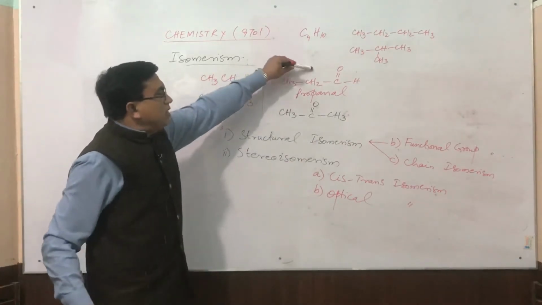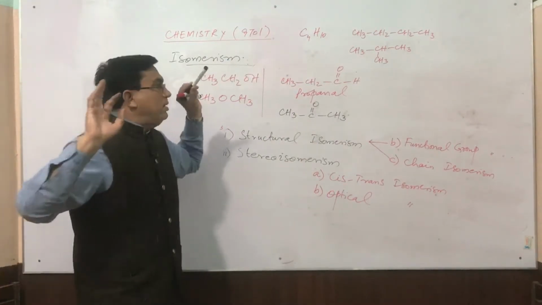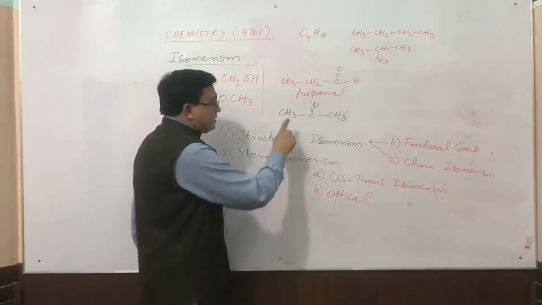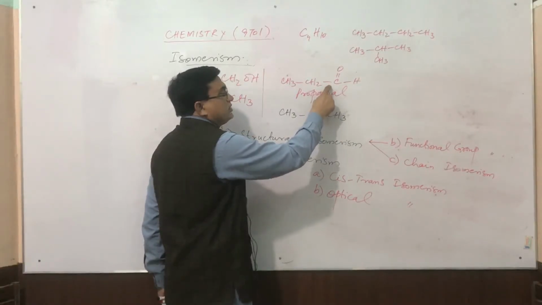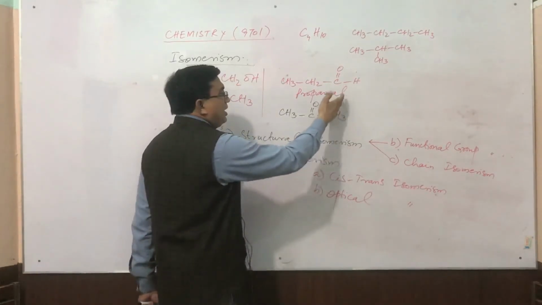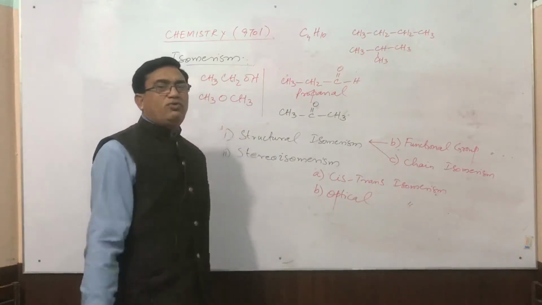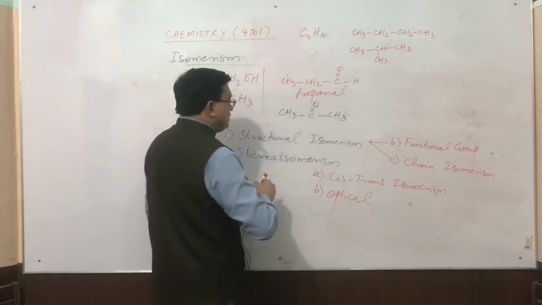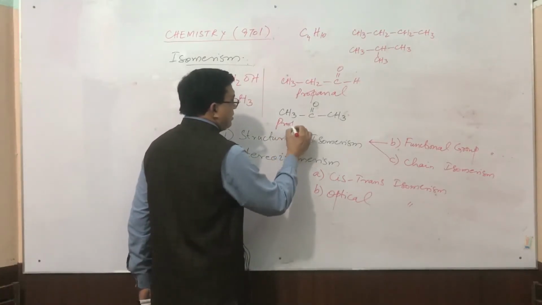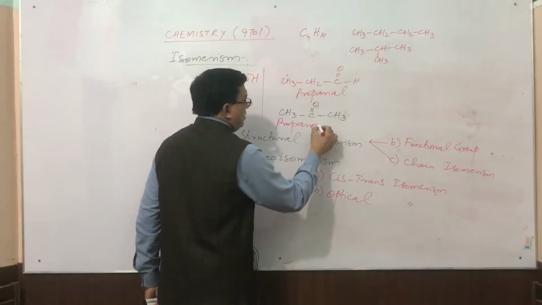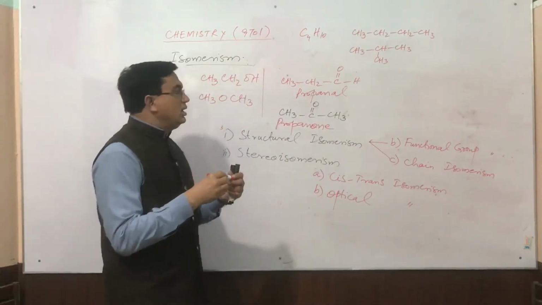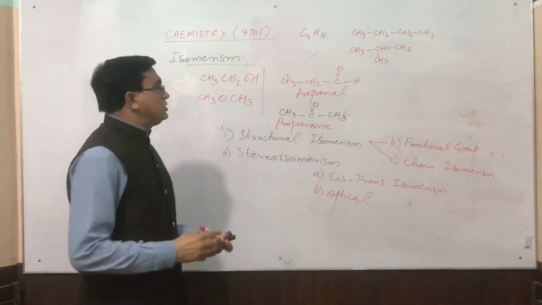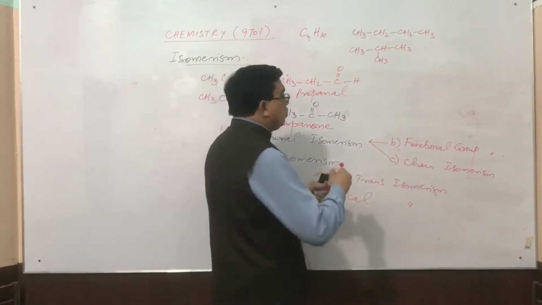In both of these compounds the molecular formula is the same, but only the structural formula is changed. As this was the functional group of aldehyde and I have changed it into the functional group of ketone, this is propanone. It means that by exchanging these, the functional group is changed. This is an example of functional group isomerism.